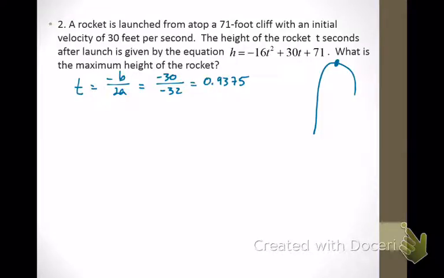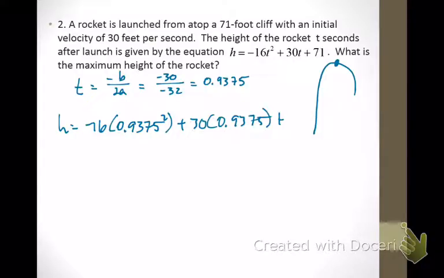The question is, what is that height? Well, now that we have t, we can plug that in and go find out what h is. And so now it just becomes a calculation thing.